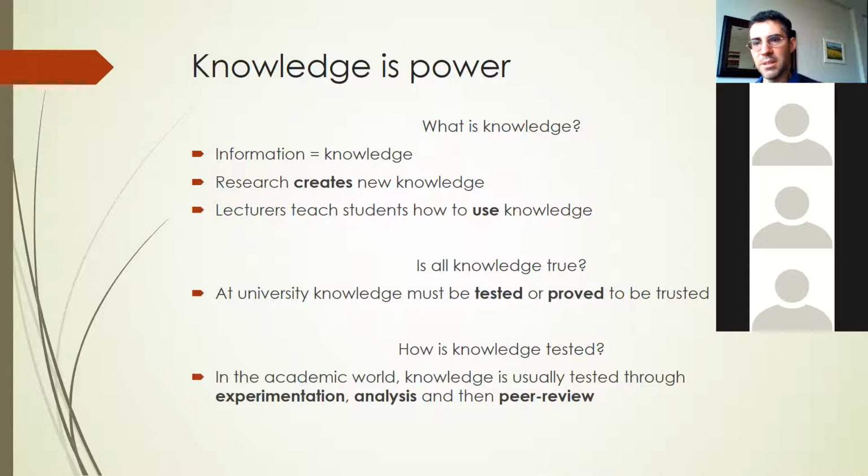Now, peer review is something that we're going to come across a little bit in this course. It means those people who are equal to you in knowledge. So if you are a professor at a university, your peers are other professors, people who also have expert knowledge. If you are a student, your peers are those people who are students at the same level as you are.